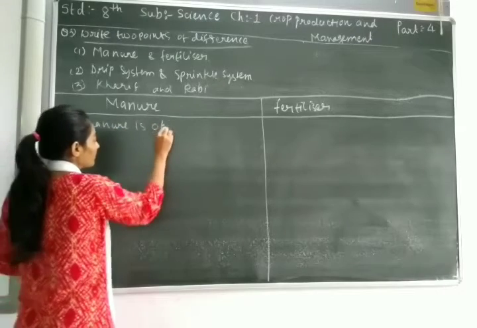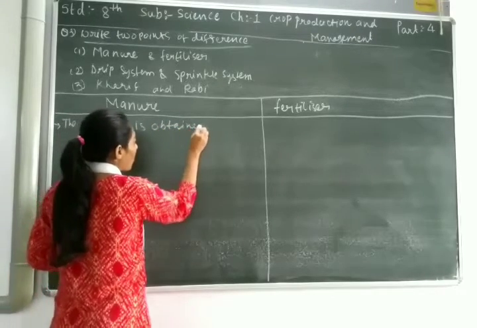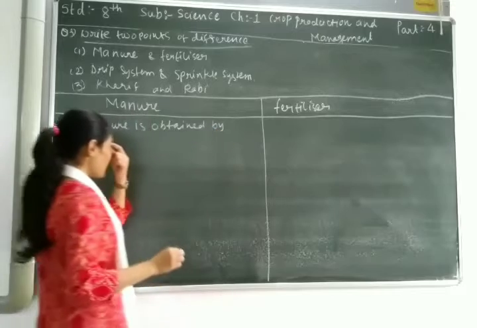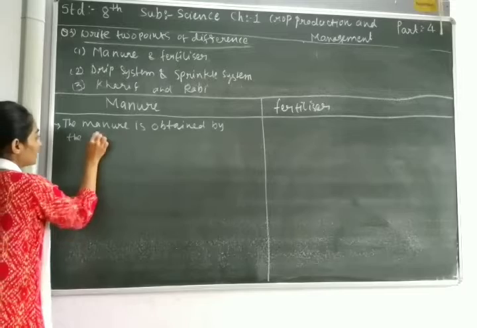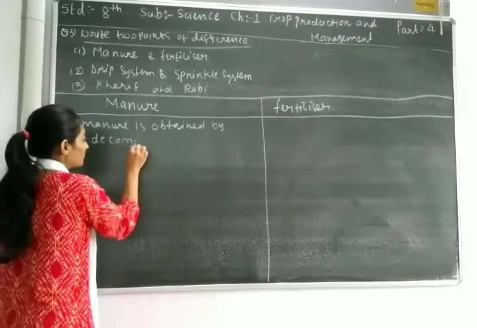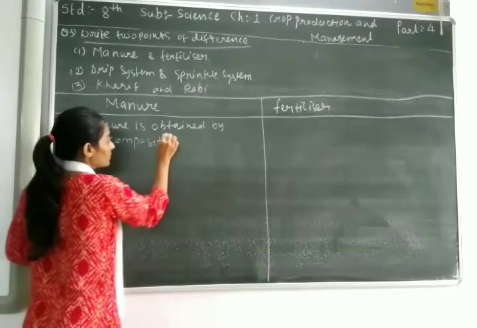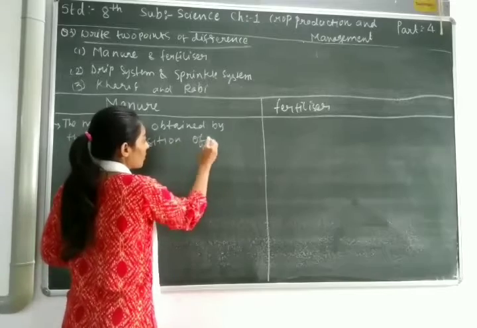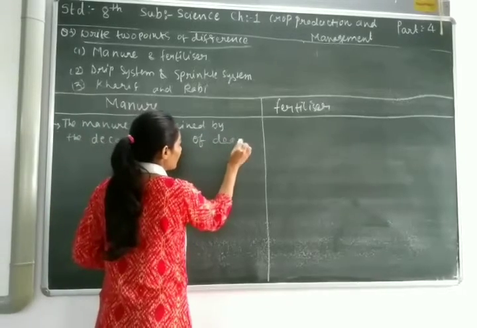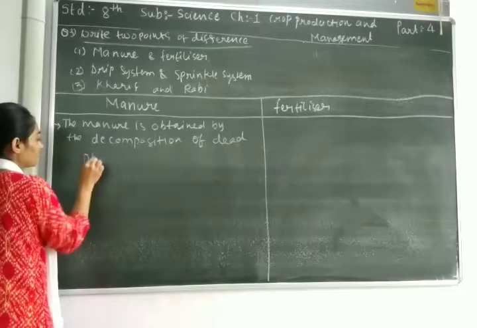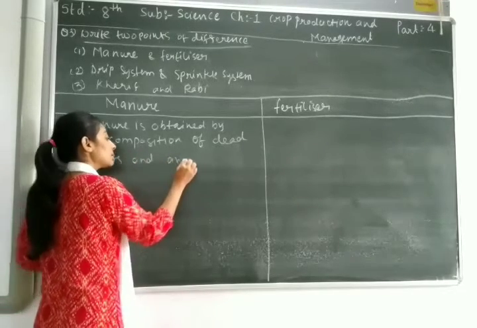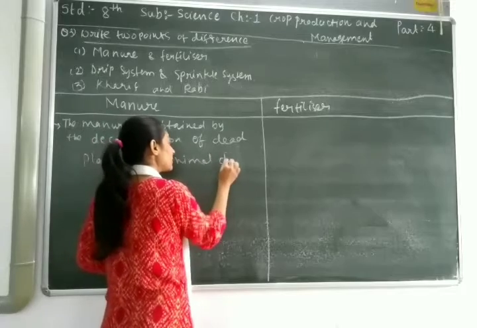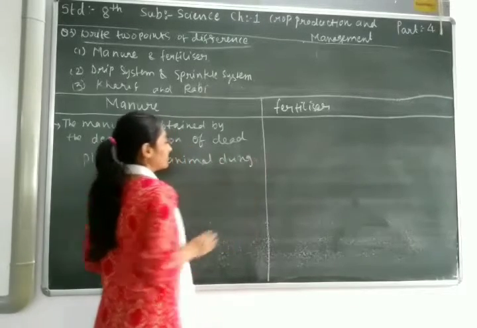Manure is obtained by the decomposition of the plant and animal dung. Okay.